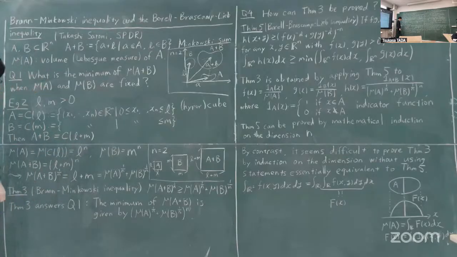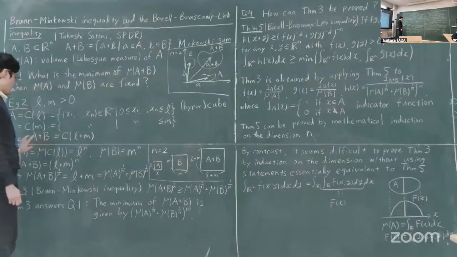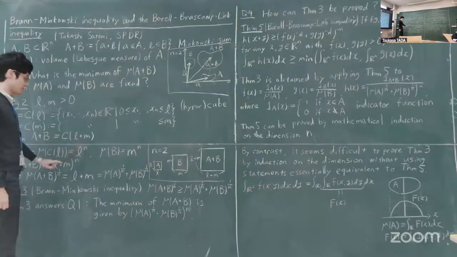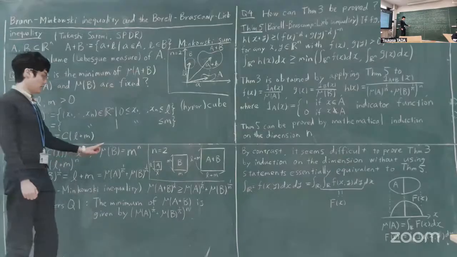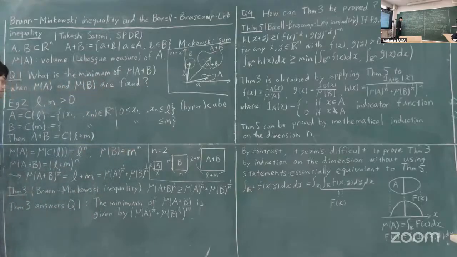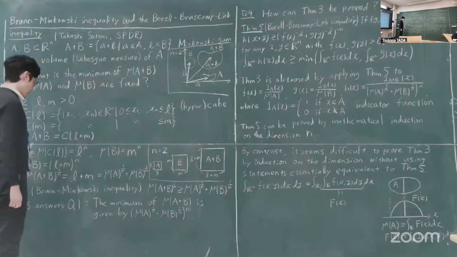In this case, the volume of A is the volume of C_l, so it is equal to l to the power n. Similarly, mu(B) is equal to m to the power n. Moreover, the volume of the Minkowski sum is equal to (l plus m) to the power n. And then we obtain the following equality.